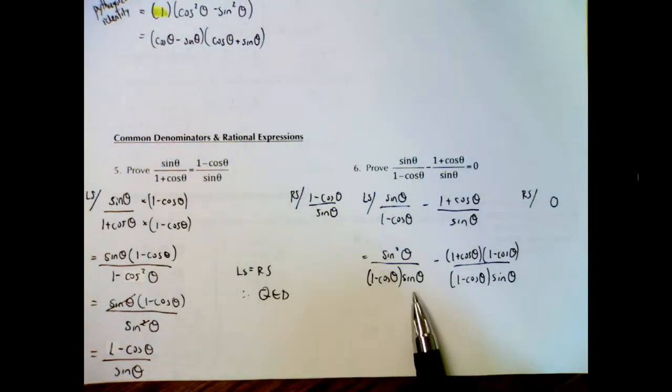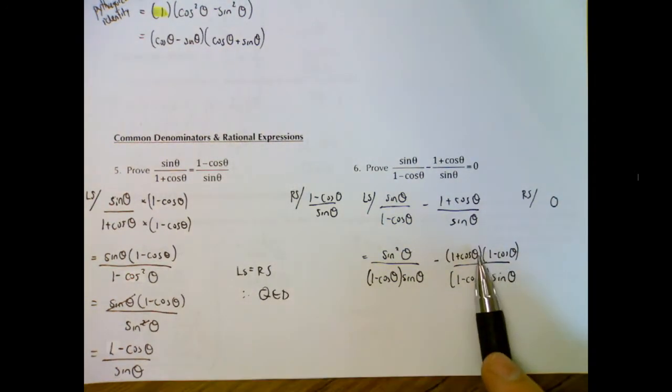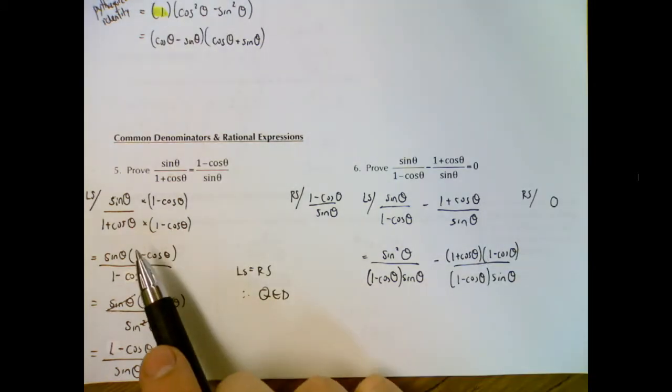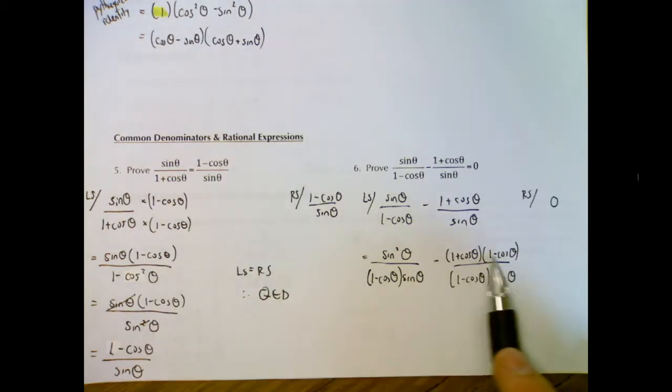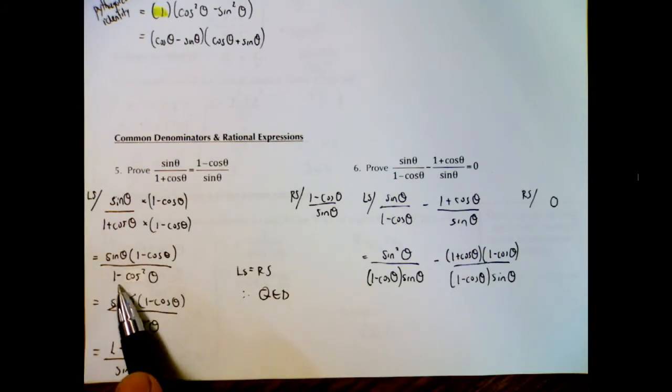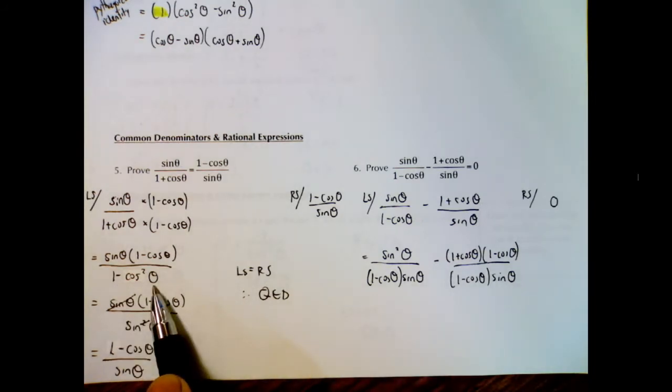And there we end up with the same denominator. And on top, we have that same difference of squares that we dealt with over here. So we know that this top is going to turn into 1 minus cos squared theta. And then we can turn that into sine squared theta.